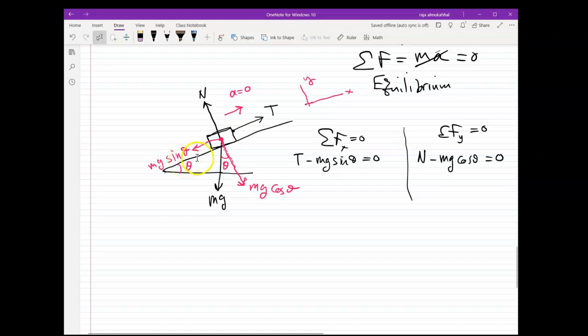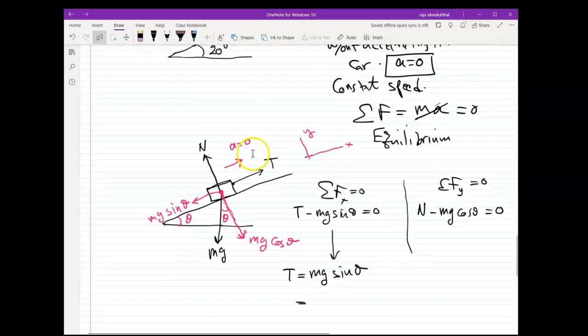Got it? Remember, the whole purpose of this problem is to solve for T. I need to find a way to solve for T. Now, do I have everything? Well, the weight mg is given to me, the angle is given to me, and I am pretty much done with the problem because I'm supposed to solve for T. So T is equal to mg sine theta, and I have everything. mg is equal to, let me go back to that, 15,000.